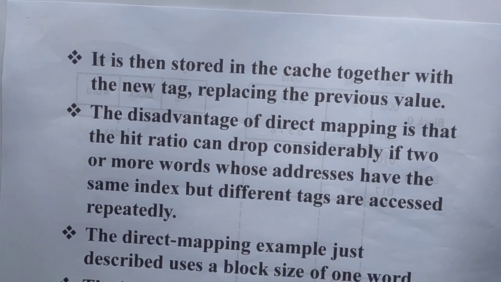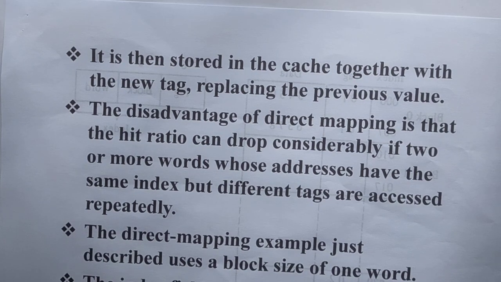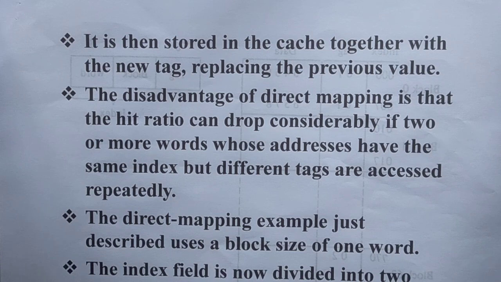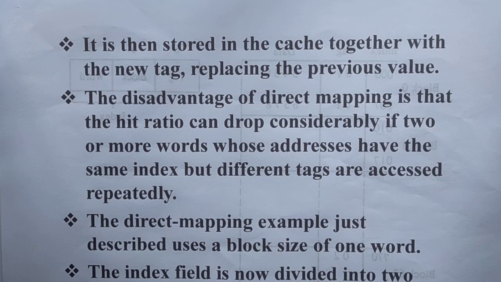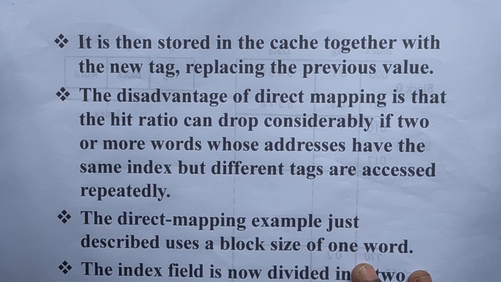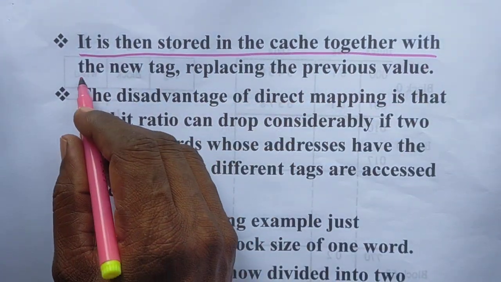Here is another way we can define it. Continuing with direct mapping, from a storing point of view, we will see the concept behind this. The data is stored in the cache together with a new tag.